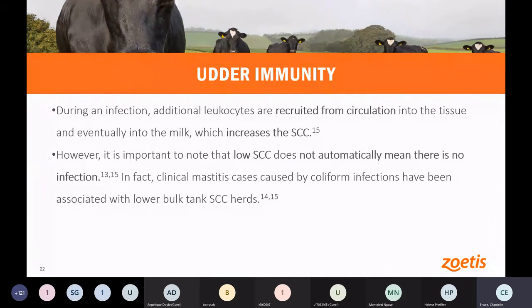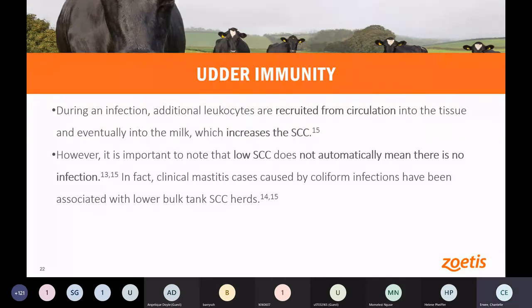Because of that recruitment process, this will increase the somatic cell count in the milk. But it is important to know that a low somatic cell count does not automatically mean that there's no infection.